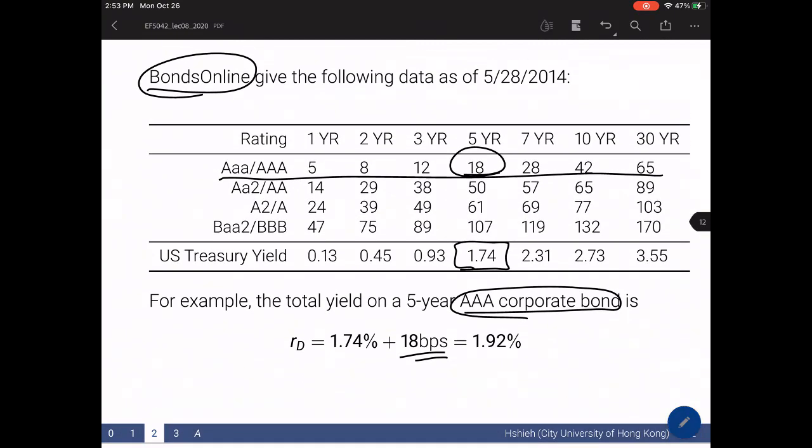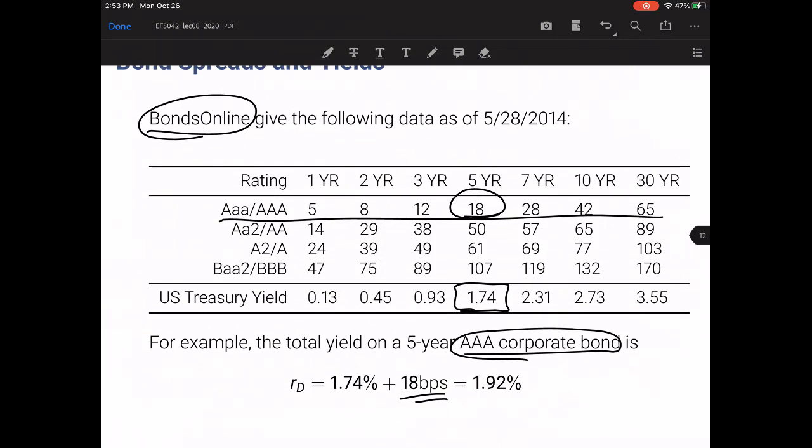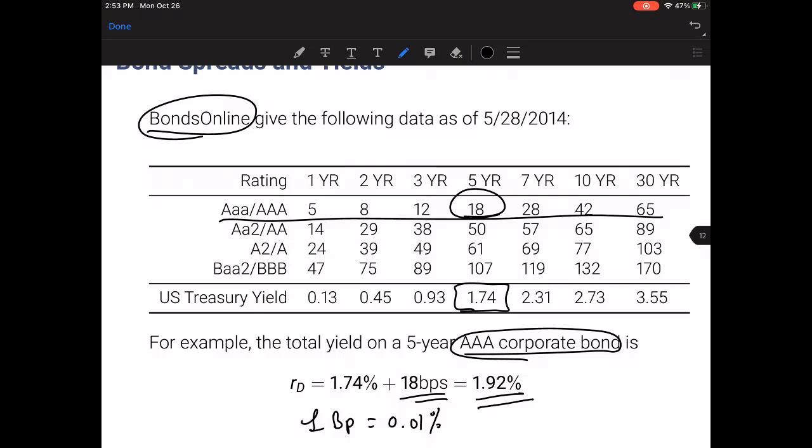Let me remind you what basis points means. One basis point is equal to 0.01%. Okay, so that's 1.74 plus 0.18, and that's going to give us 1.92%.